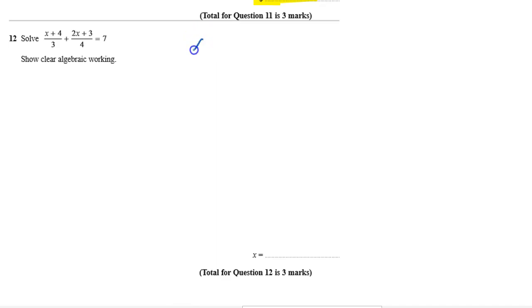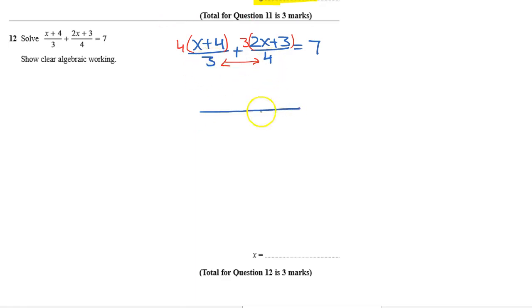Solve x plus 4 over 3 plus 2x plus 3 over 4 is equal to 7. When this kind of question is there, straight away multiply this by 4 and this one by 3, and multiply these also. So 3 multiplied by 4 is 12.